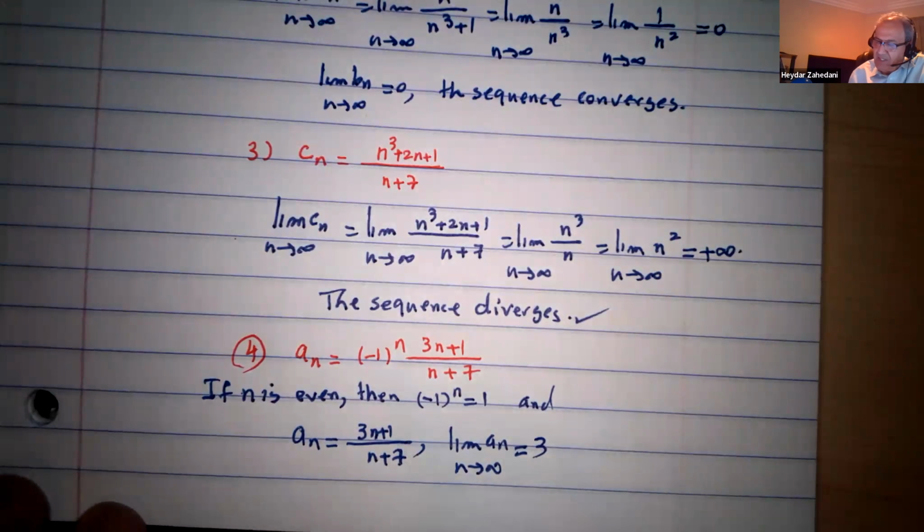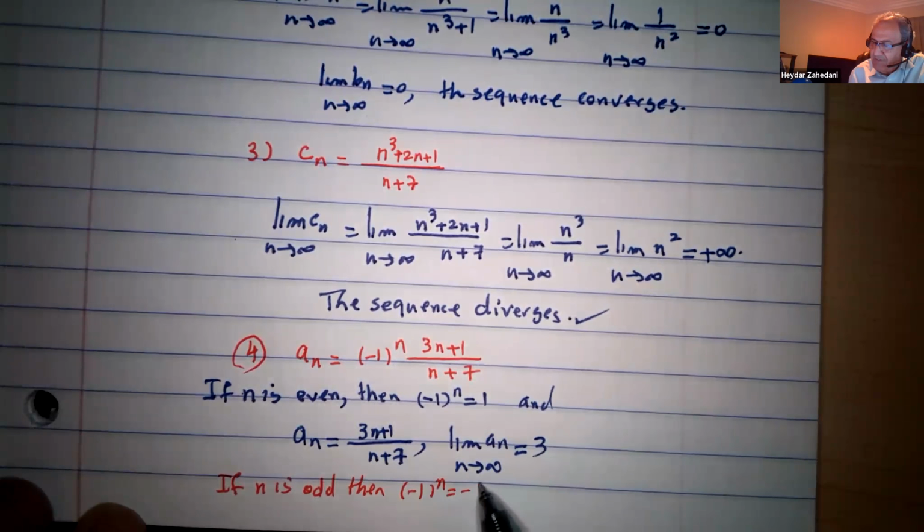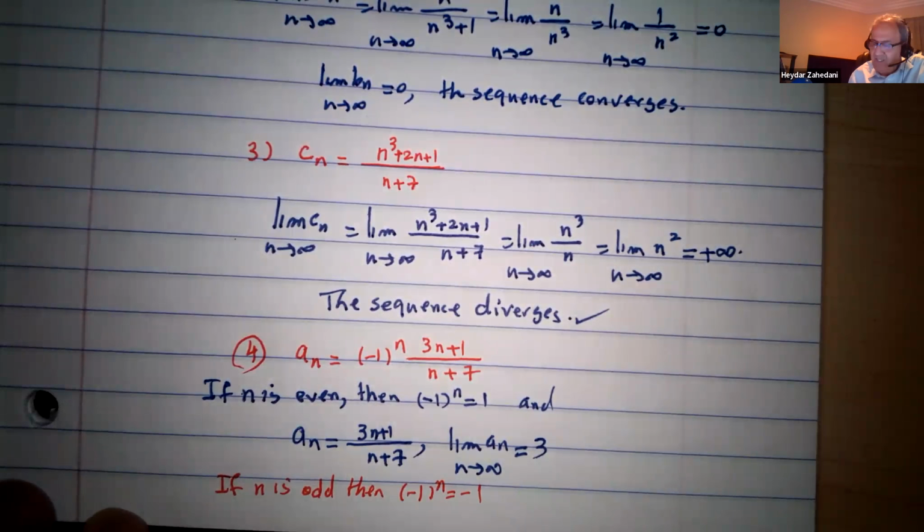But if n is odd, like 3, 5, 7, then what do you have? You have the fact that (-1)^n would be -1. If this is going to be -1, then your a_n would be -(3n + 1) over (n + 7).